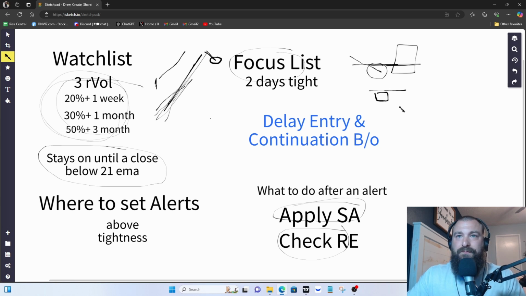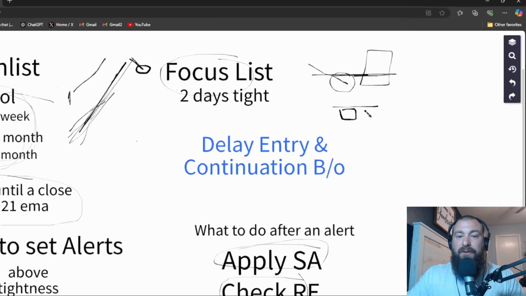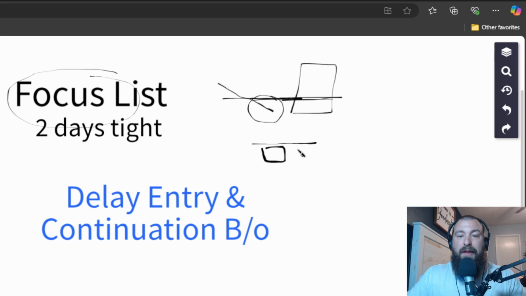This is an important note. Can zoom in a little bit here. Okay. If the stock gaps up a little bit, this is not a range expansion. Therefore, this is not an entry. It needs to break out. It needs to actually have a range expansion.